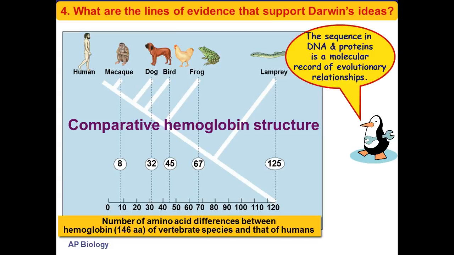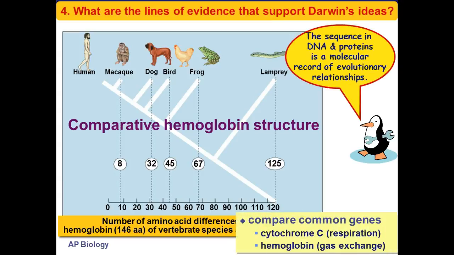The farther back in time two species separated from a common ancestor, like the lamprey and the human separated a long time ago, the more time there's been for mutations to accumulate, for differences in the amino acid chains to develop. Not surprising then that humans and lampreys show so many differences while humans and macaques show so few. Humans and macaques shared a common ancestor much more recently than did humans and lampreys.